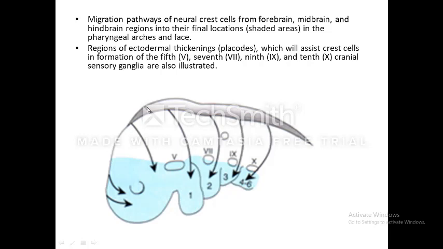The regions of ectodermal thickening, or placodes, assist the crest cells in formation of the sensory ganglia of the 5th cranial nerve, the trigeminal nerve, the 7th, the facial nerve, the 9th, the glossopharyngeal nerve, and the 10th, the vagus nerve.